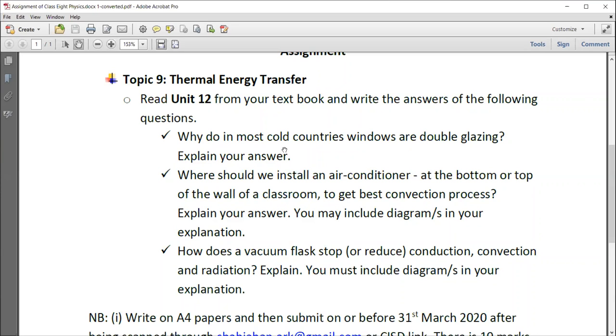Now let's think about first conduction, how conduction is stopped. Conduction is very clear. In this arrangement we have lots of things to stop the conduction, right?